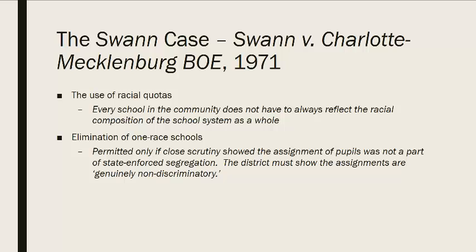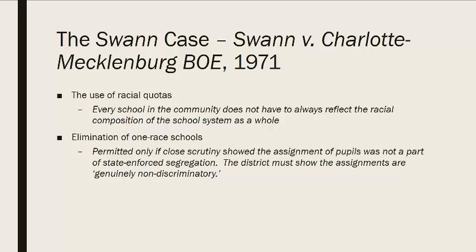The justice has stated every school in the community does not have to always reflect the racial composition of the school system as a whole. The elimination of one-race schools. One-race schools are permitted only if close scrutiny showed the assignment of pupils was not a part of state-enforced segregation. The district must show assignments are genuinely non-discriminatory. So you can see it kind of start to chip away at Green.